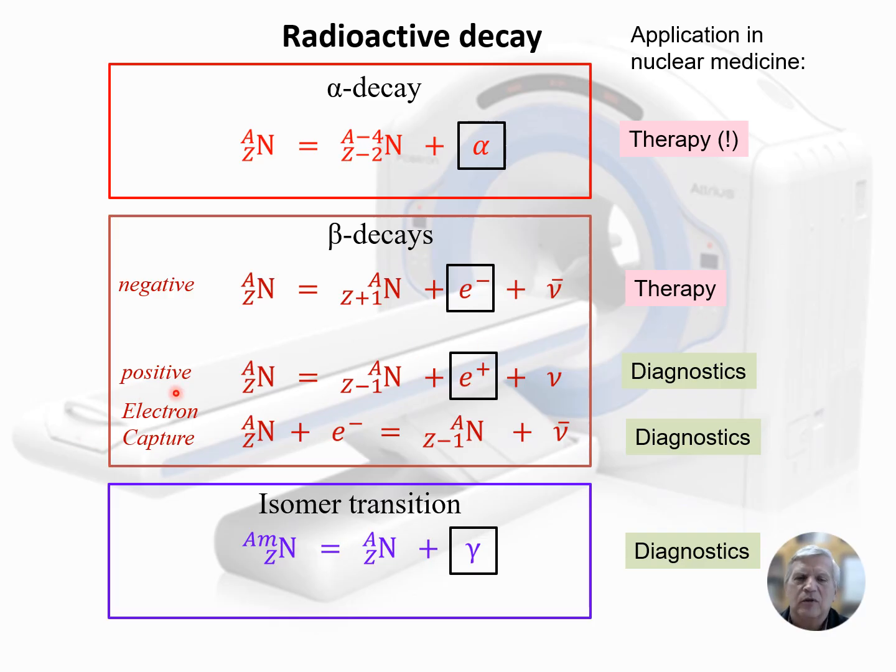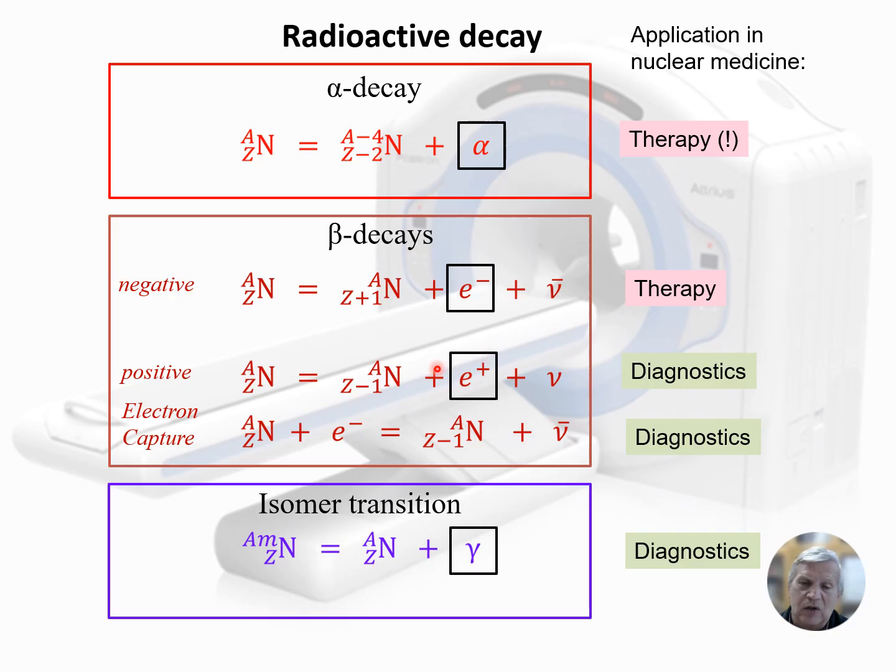Once you have too many protons as compared to the number of neutrons in an optimal neutron to proton ratio, then you have the positive beta decay. In the positive beta decay, you have a positron emission and a neutrino. Once again, you can safely forget the neutrino.